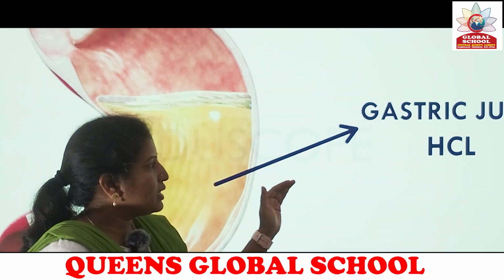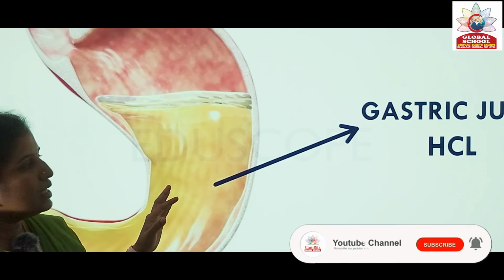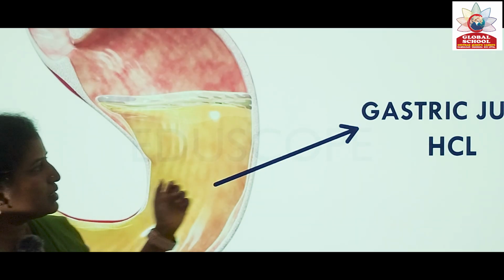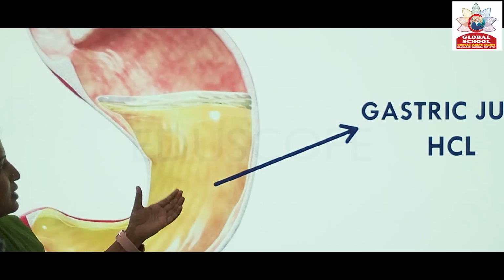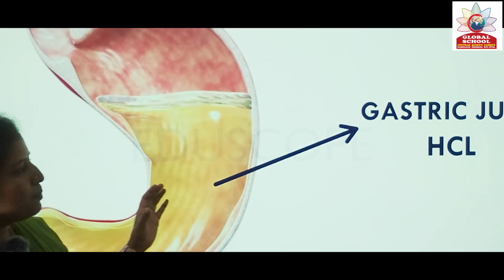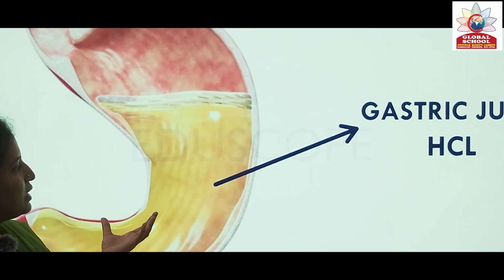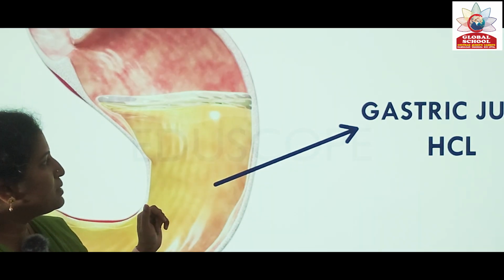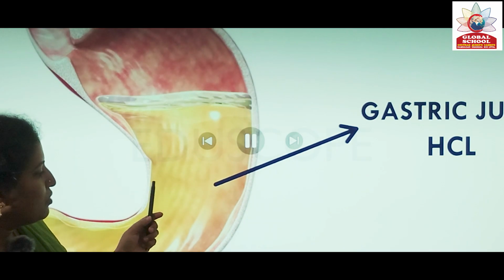stomach. The stomach has gastric juice, and the HCl present in the lining of the stomach produces this gastric juice and HCl. When the food enters this part, HCl makes the medium acidic, and the enzyme called pepsin helps in the digestion of the proteins present in our food.